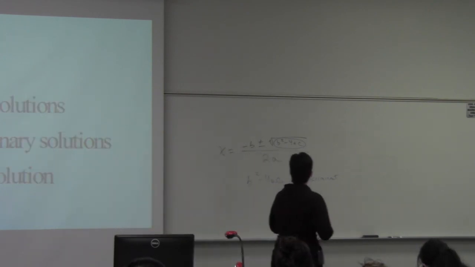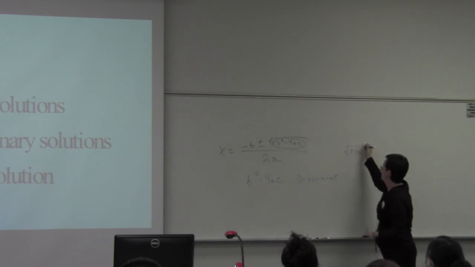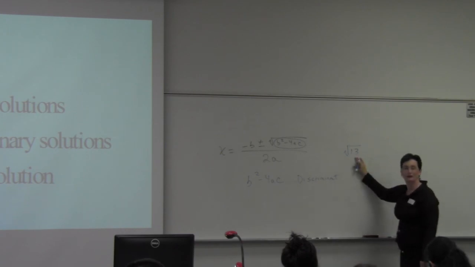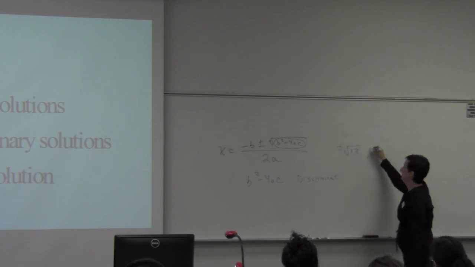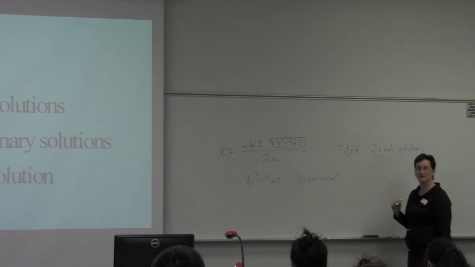All right, so if you have this guy right here, and you get the square root of 13, right? The square root of 13, that is 2 real solutions, right?